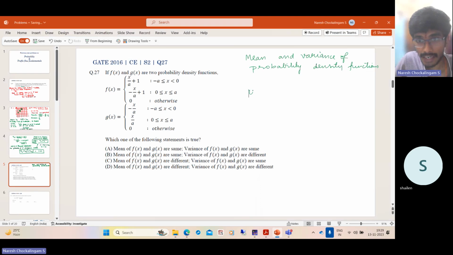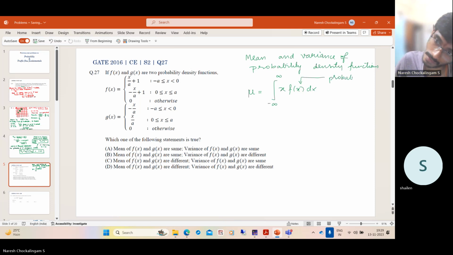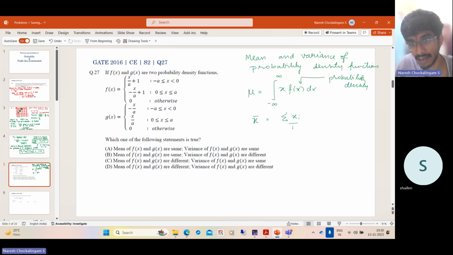So the mean of a probability distribution is defined as integral from minus infinity to infinity x f of x dx, where f of x is the probability density function. We have already seen that the mean x bar of a set of variables is nothing but summation xi by n, right?